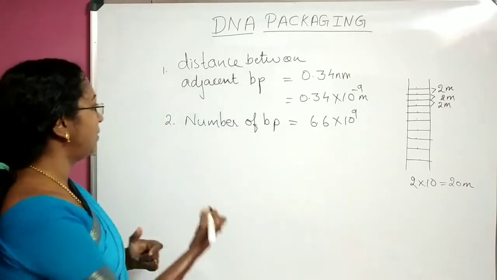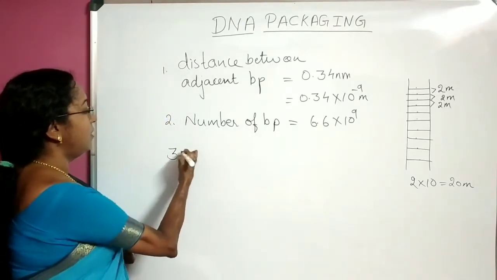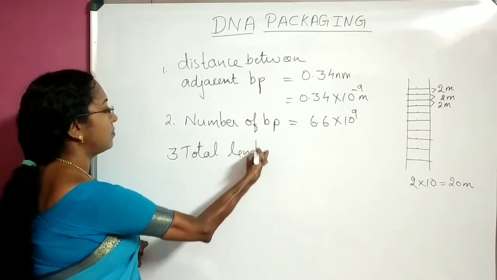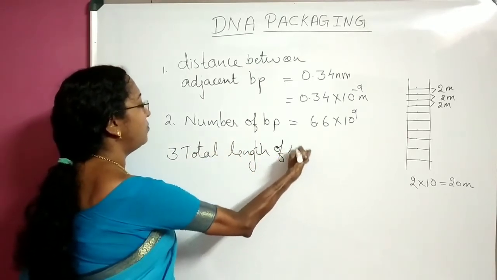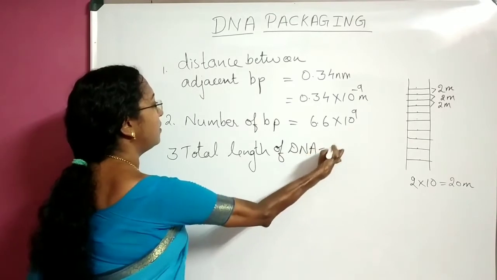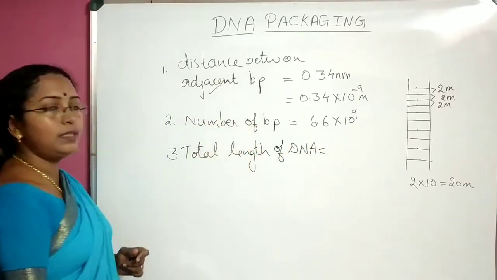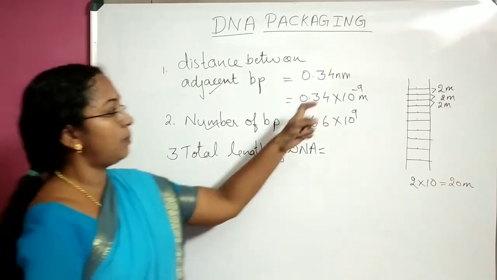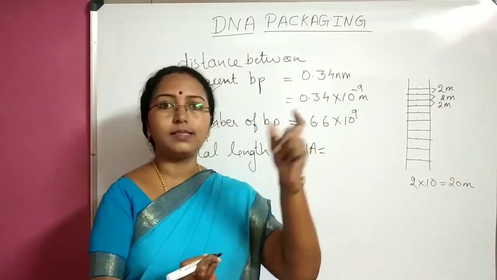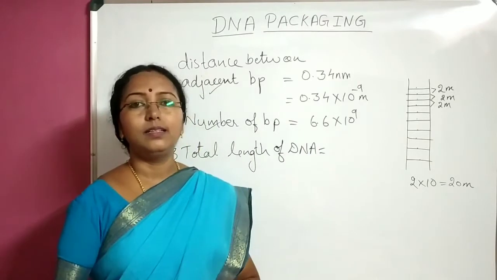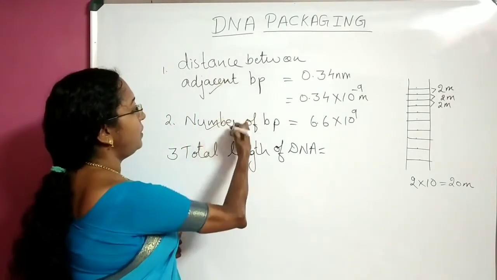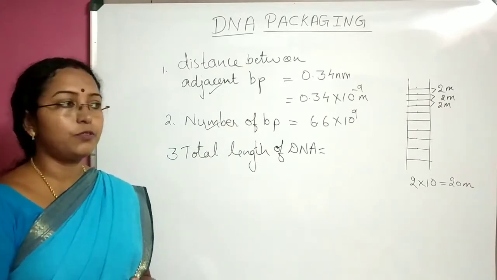Yes, within this time you might have calculated the total length of DNA. You know the distance between adjacent bases and you know the number of bases. We can compare this ladder to our DNA. It's a helical ladder. So you can just multiply the distance between adjacent bases with the number of bases.